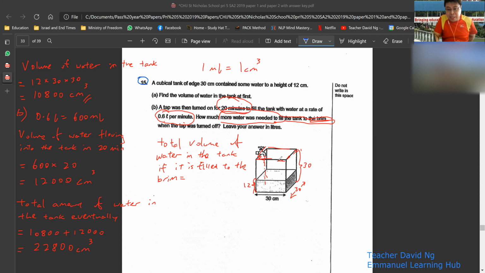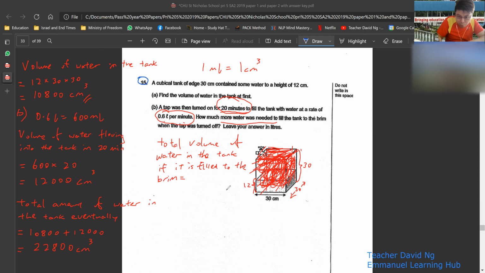Okay, you see, the question is asking, filled to the brim. What does filled to the brim mean? The top. Filled to the brim, right? I'm shading this whole thing, filled to the brim. Then you look at the dimension of this cube.